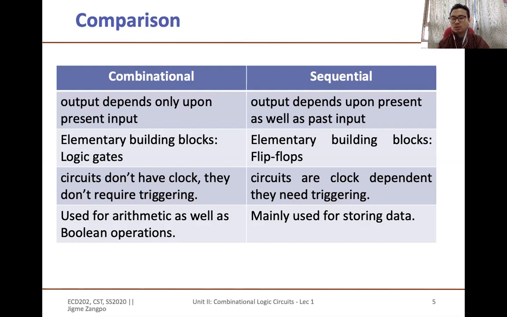Sequential logic circuit is actually Unit 3, where we are going to study counter, flip-flop, and within counter we have asynchronous and synchronous counters, different types of counters. And in the next classes we will study the examples that I stated in combinational circuit, like multiplexer, demultiplexer, encoder, decoder individually.